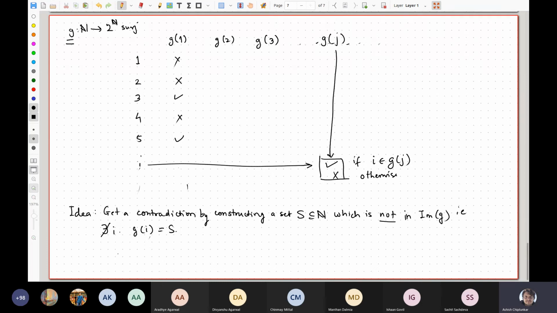Okay, so how do we construct this set? Let us do it one step at a time. What do we want? We want S to be different from G1. In fact, we want S to be different from every Gi. So how do we make S different from G1? We'll look at this entry. G1 does not contain 1. So we'll include 1 in S. Okay, so let us take an example and fill up this table somehow.